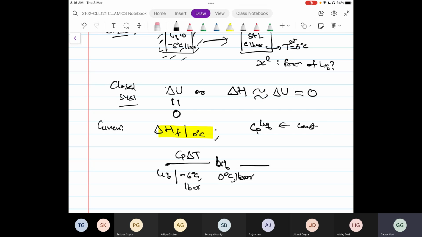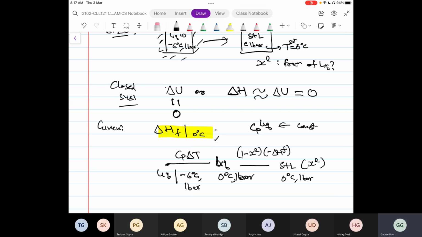And now, let's say in the final state, starting with the basis of 1, X_L is liquid. So that means the enthalpy change in going from this intermediate state to the final state, which contains X_L fraction of liquid at 0 degrees Celsius and 1 bar, can be written as 1 minus X_L into minus delta H. Okay, delta H is typically stated in terms of melting, so therefore I'm putting a minus here.